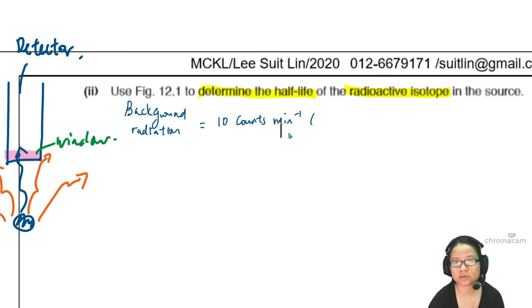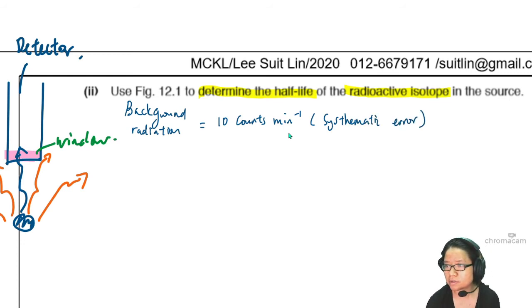So this is a systematic error. Okay, so that means your reading is always over by 10 counts. Am I spelling systematic correctly? No, that's no H. Systematic error.